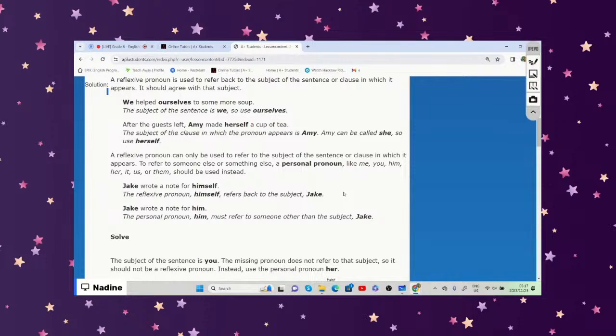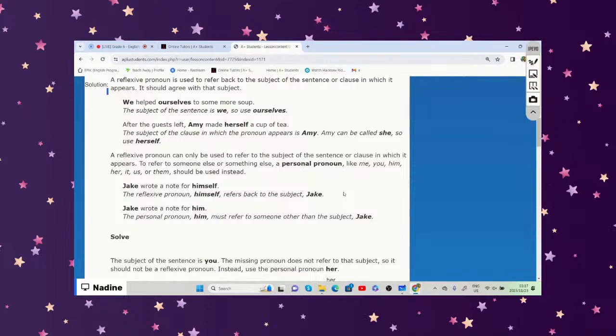So a reflexive pronoun can only be used to refer to the subject of the sentence or clause in which it appears, right? And to refer to someone else or something else, we use a personal pronoun. So if you are referring to someone else, then we say you, him, her, it, they, then that is used instead.